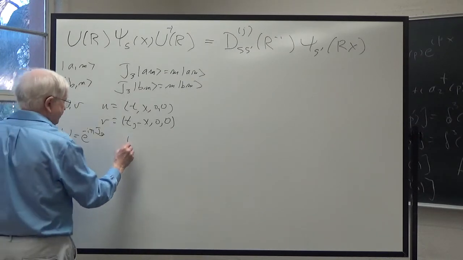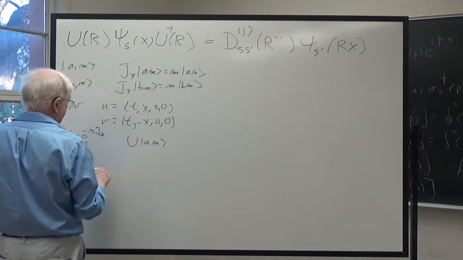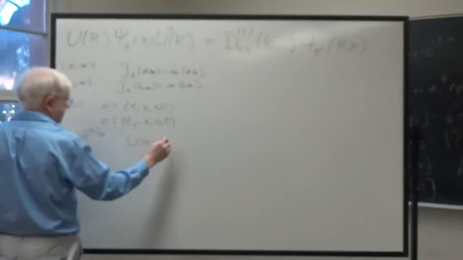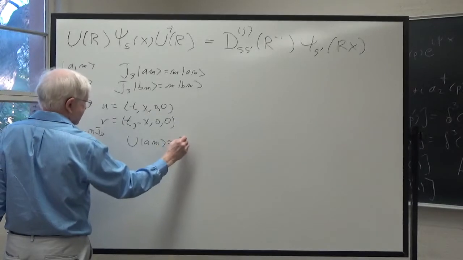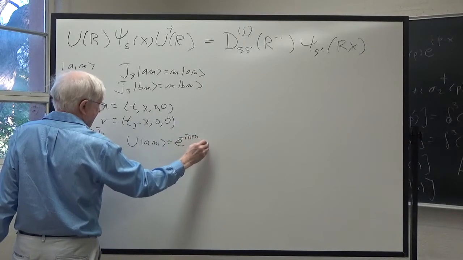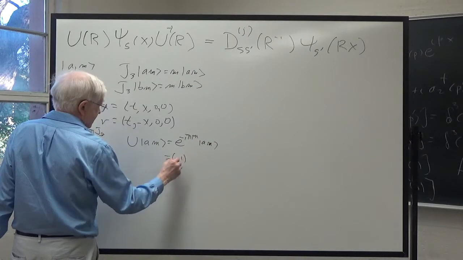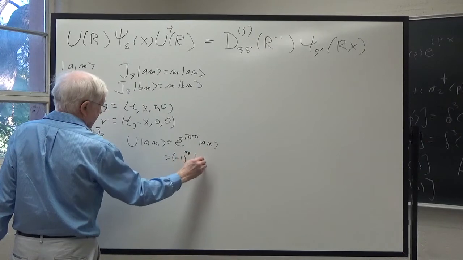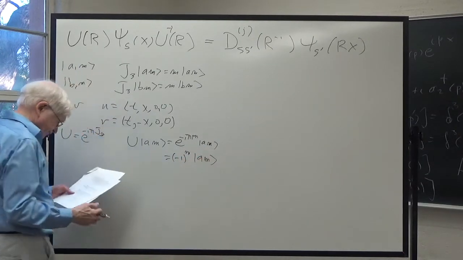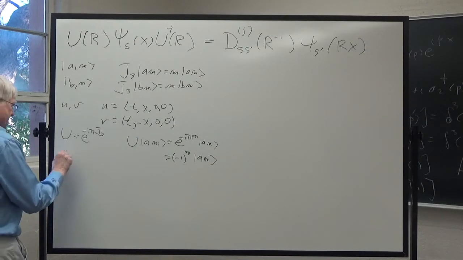And so U on A m is going to be e to the minus i pi m A m, which is to say minus 1 to the m A m. And the same thing for B. In fact, I'm going to have B on the other side.